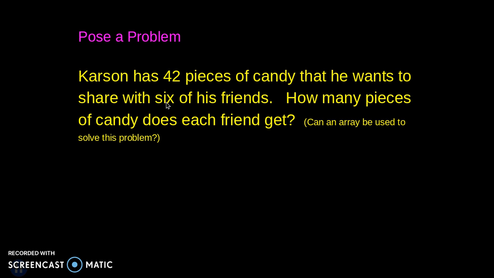And we know that we're going to break it into 6 equal groups. We're looking for how many are in each group. So to be able to do that, we'll have 6 rows so that we can start giving each person that candy. I'm going to show you what that would look like in an array.